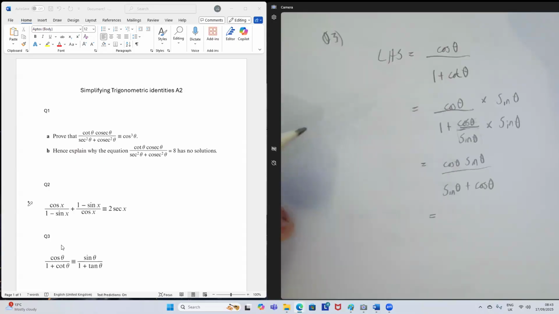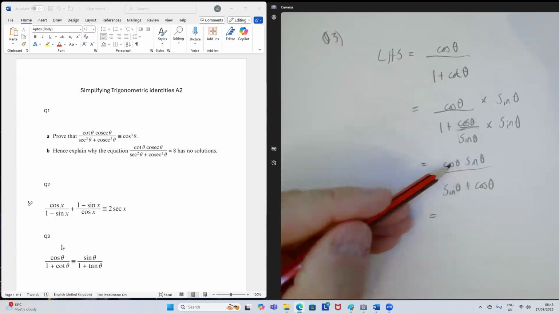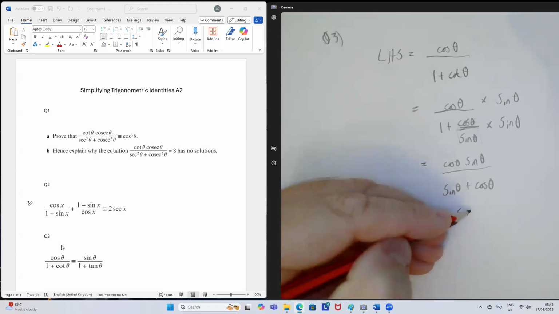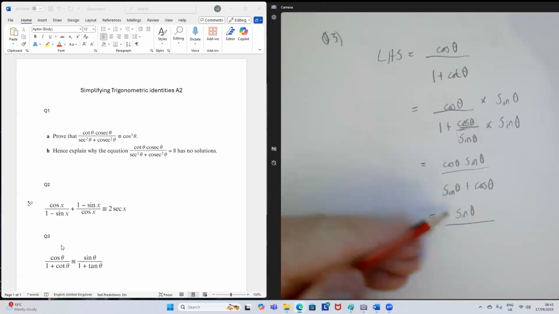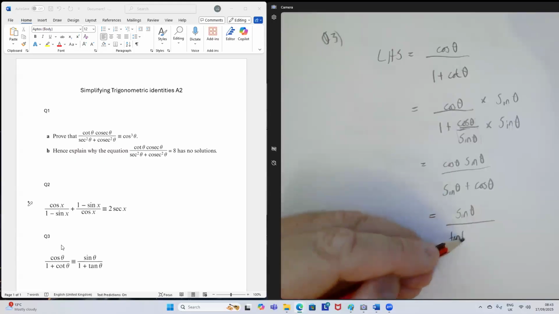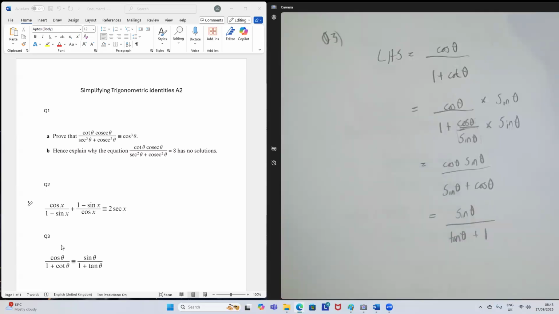And remember, you don't change the value of a fraction as long as you divide every term by the same thing. So I'm going to divide this by cos, which is just going to leave me with sine. I'm going to divide this by cos, which is going to give me tan. And I'm going to divide this by cos, which is going to give me 1. And now I've got sine theta over 1 add tan theta, which equals the right-hand side.